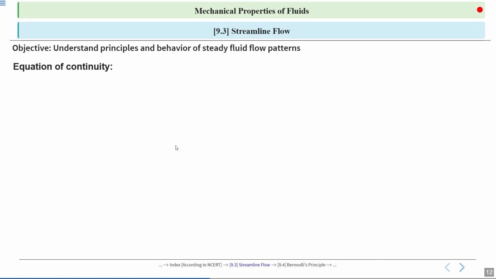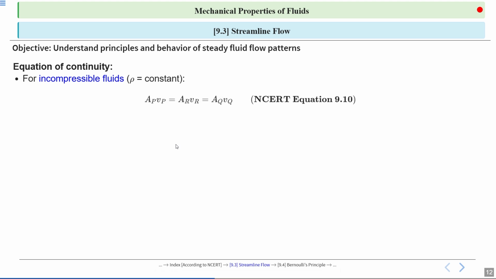Now, let's talk about incompressible fluids. So an incompressible fluid is one where the density, which we call rho, stays constant as the fluid moves. Water is a good example of an incompressible fluid under most everyday conditions. So here the equation of continuity for incompressible fluids, A_P V_P equal to A_R V_R equal to A_Q V_Q.